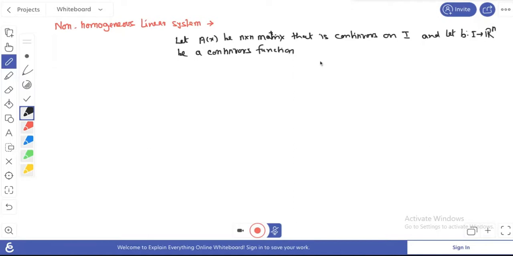Okay, so the system, if we write this form where x belongs to I, is known as a non-homogeneous linear system of n equations.